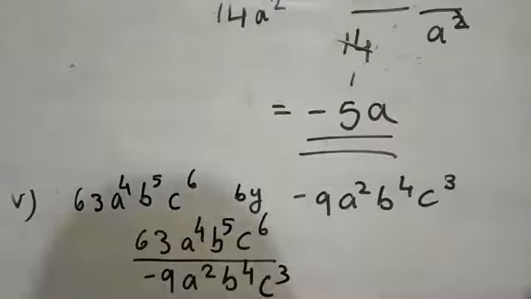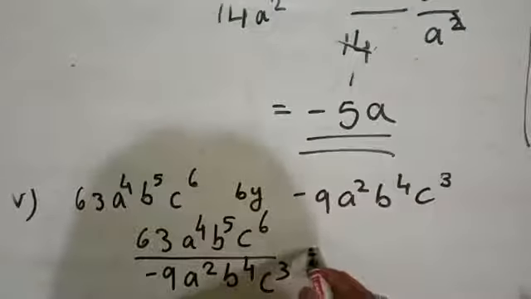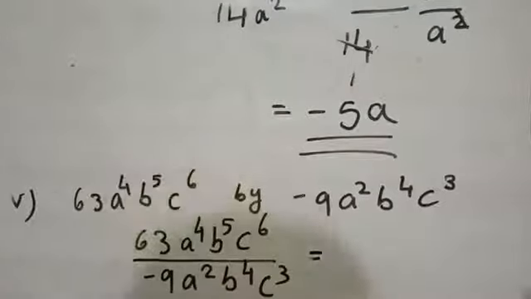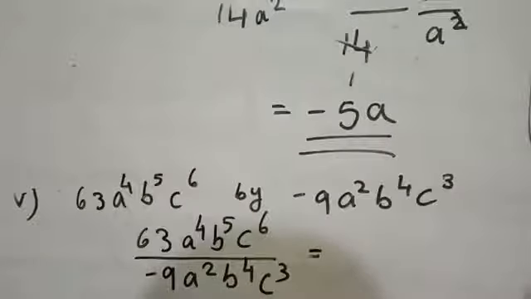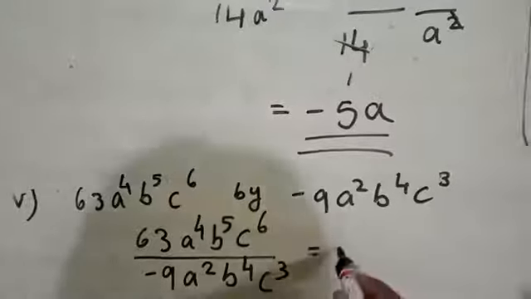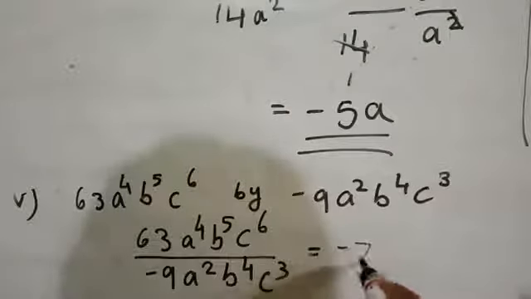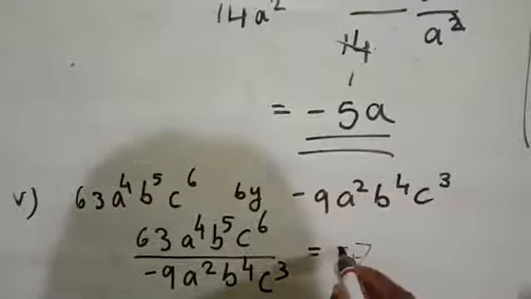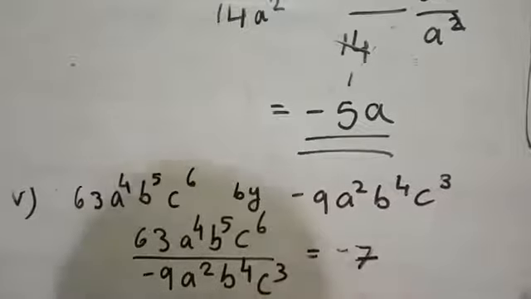We know that 63 by 9. 9 and 63 will cancel. 1 9s are 9. 7 9s are 63. So minus 7.